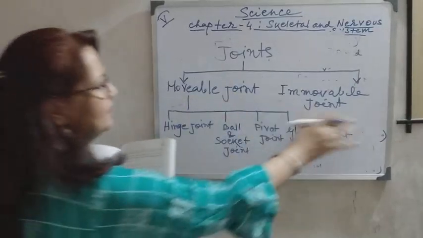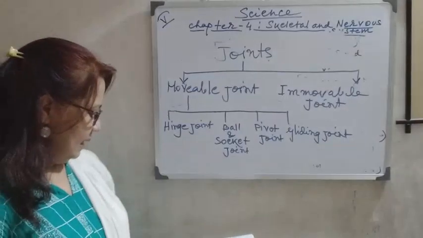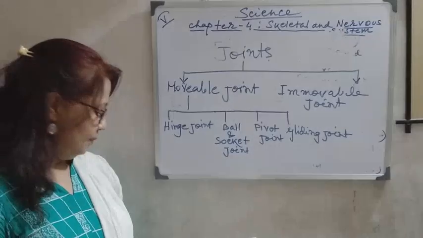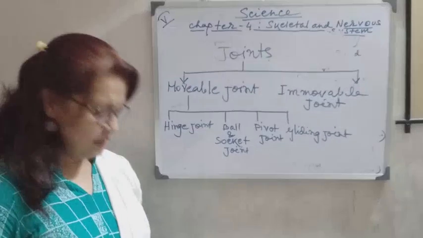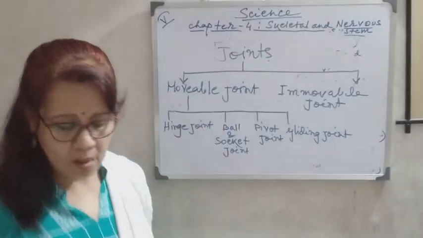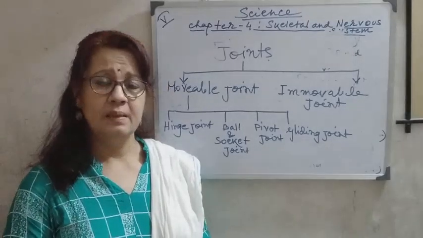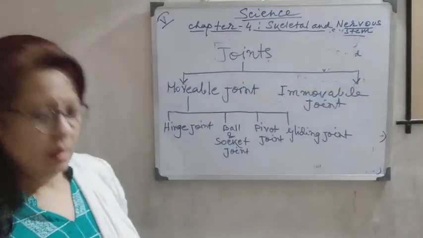There is no subdivision in immovable joints. Next I'll tell you about muscles and their movements. There are two types of muscles: voluntary muscles and involuntary muscles. So let's go to the book, and I'll discuss these joints and muscles.